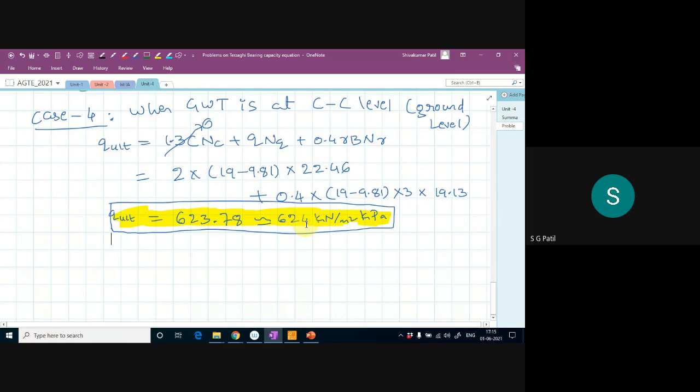So how much did it get reduced? That is your Q final divided by Q initial. Final I got 624 kilonewton per meter square.